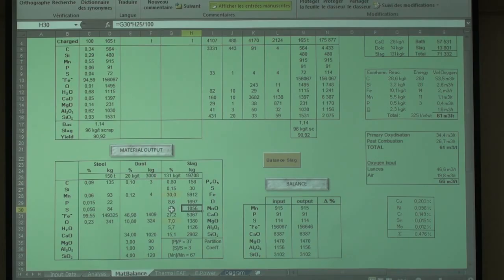G30, this is the content, times H25, which is the slag weight. Okay? And you can check if you want. This is 100%, and this is 19 ton. You checked already, yeah? No, no. I believe you.